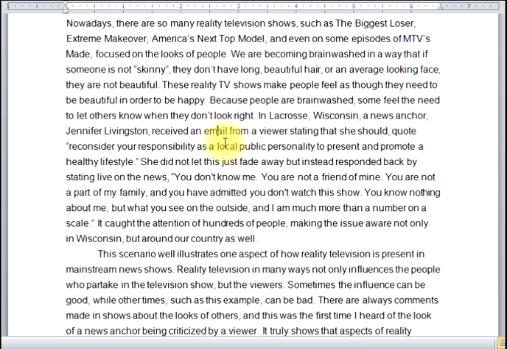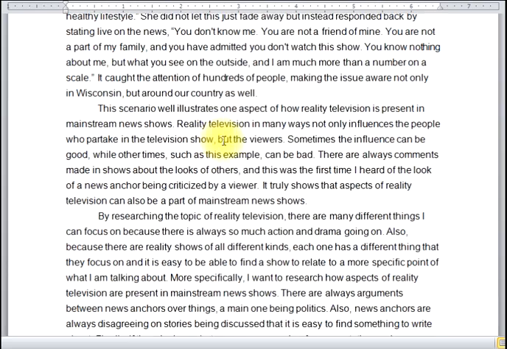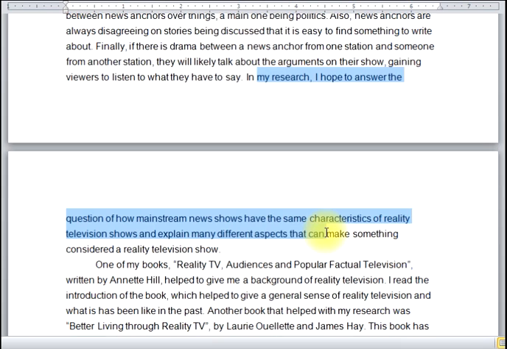And then you also have to strengthen the idea that there's a connection between the reality TV shows and the news. All right, I think that's what's happening here. Now the author does talk about this. Okay, let's see. In my research, I hope to answer the question of how mainstream news shows have the same characteristics of reality TV shows.